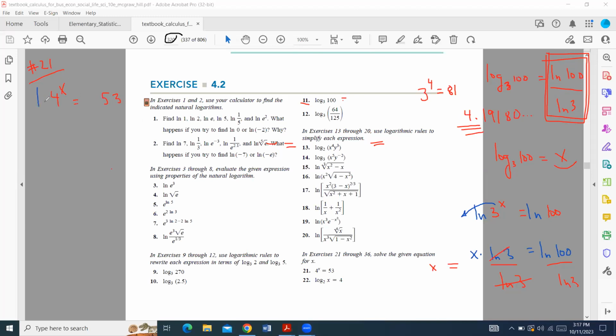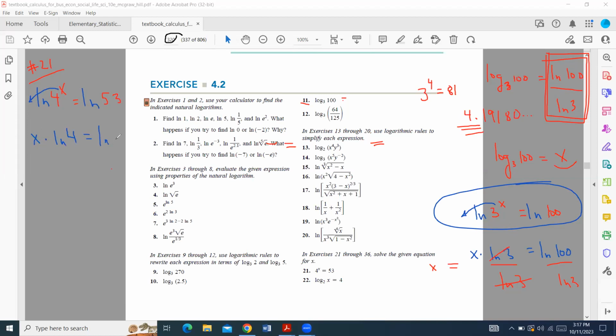What people do is apply lns on both sides, and that's what I actually just did when I tried to justify the process here. So they can bring x in front as a factor, so x times ln of 4 will be ln of 53.